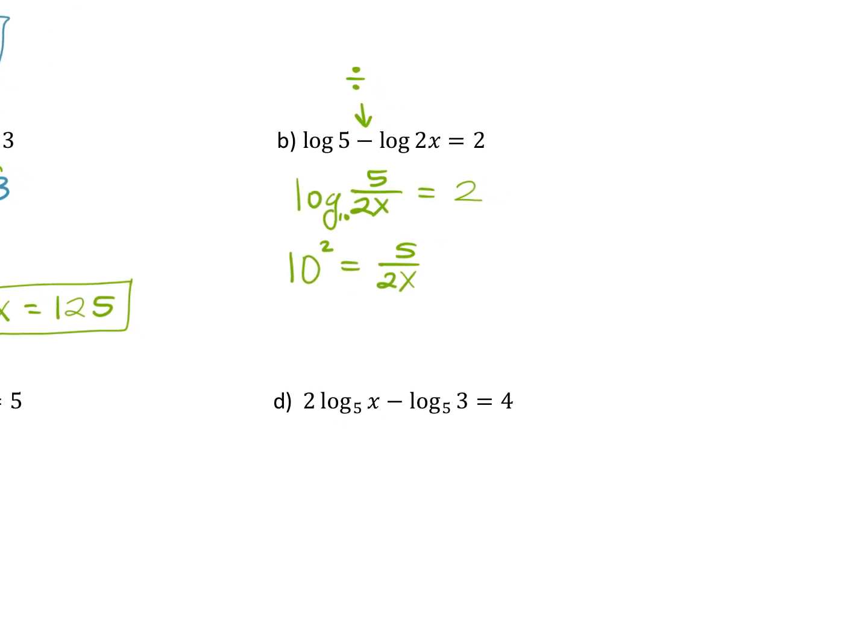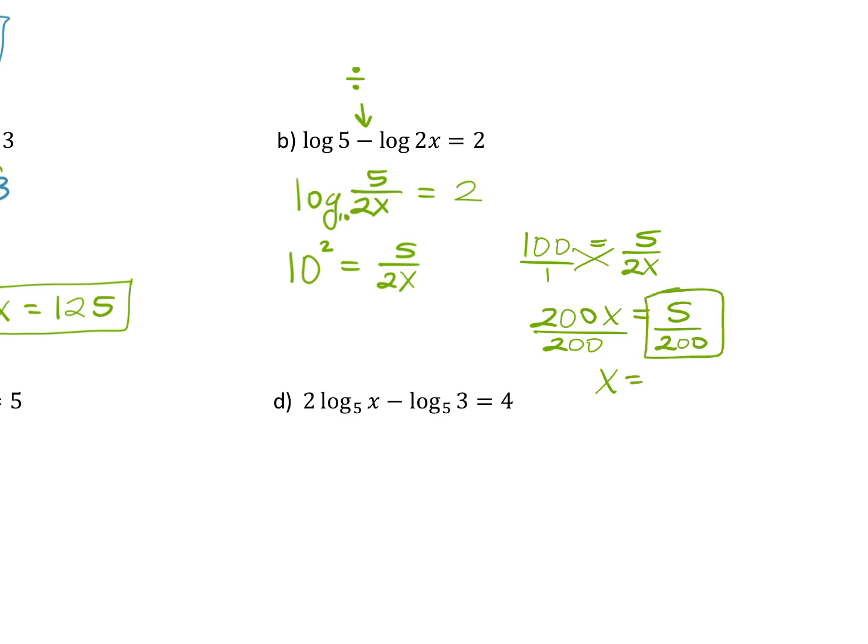So this is 100 equals 5 over 2x. It's up to you how you want to see this. I feel like some people see it easier if you make it a proportion and then you cross multiply. You don't have to. Technically, all you're really doing is multiplying by 2x on both sides. But if you like it better like this, you can totally do it. So this would be 200x equals 5. So then you would divide by 200. So x equals, plug that into your calculator, or if you want to reduce it, you could reduce it as a fraction too.